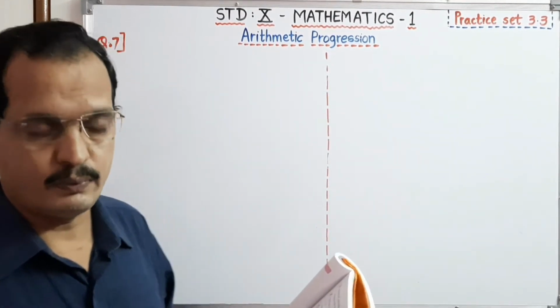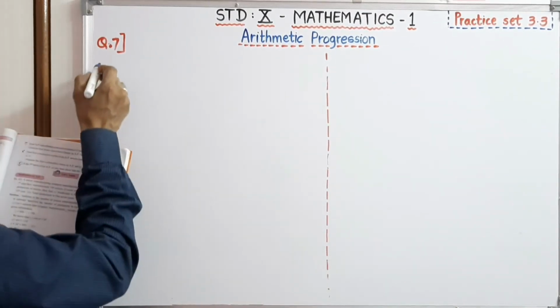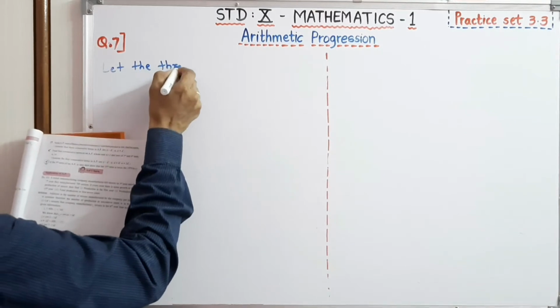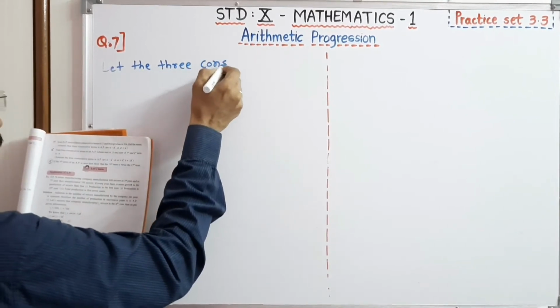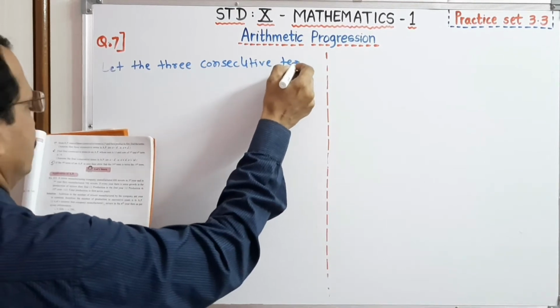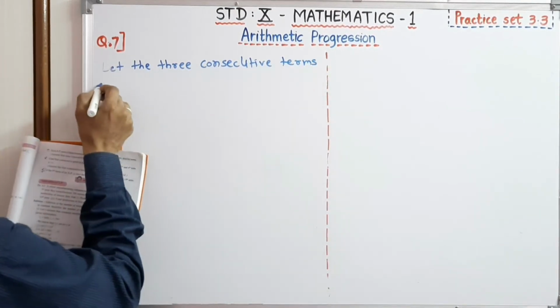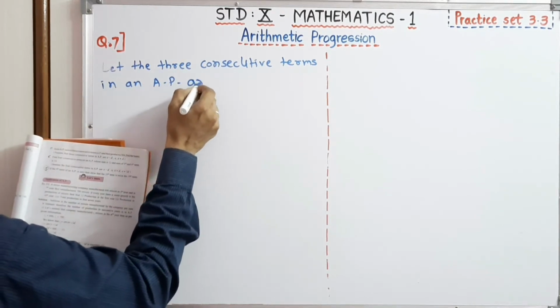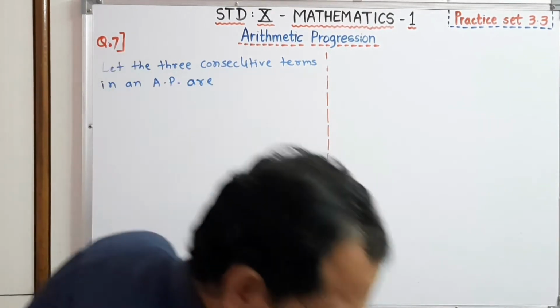It is already given. Therefore, we have to write here, let the 3 consecutive terms in an AP be. It is given. What is that?